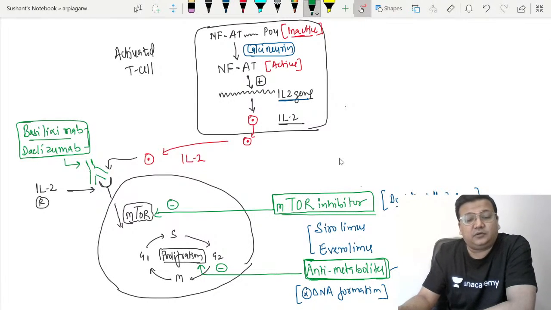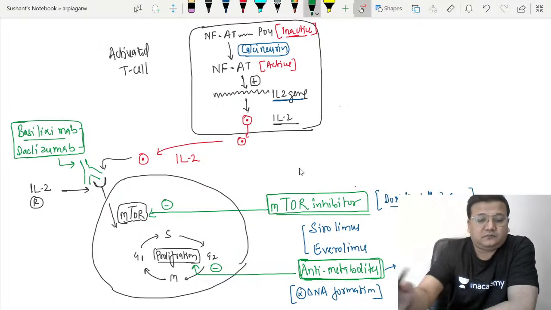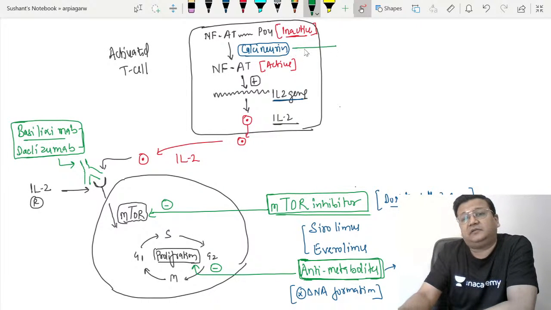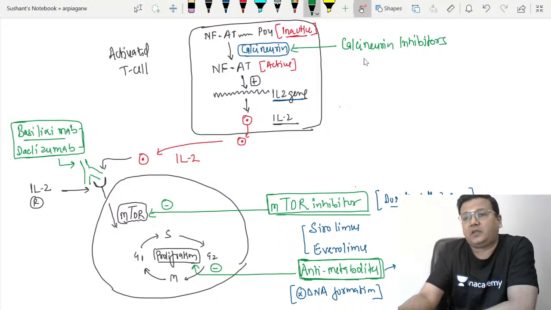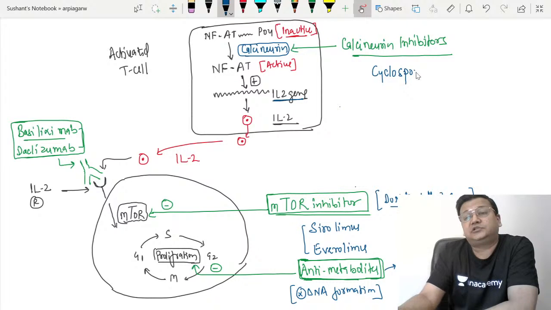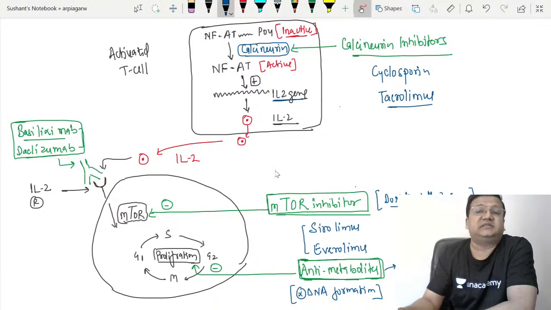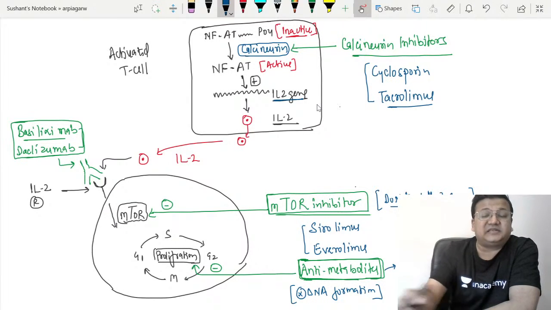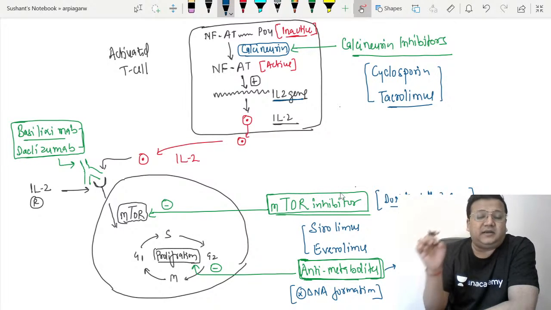Yes, we have the most important, the most widely used immunosuppressant drugs, which are known as calcineurin inhibitors, which include drugs like cyclosporin and tacrolimus.